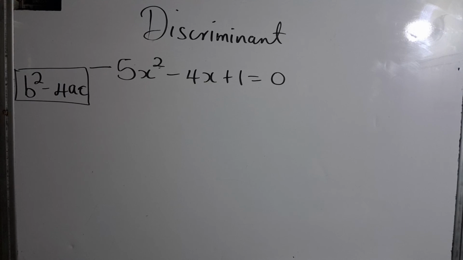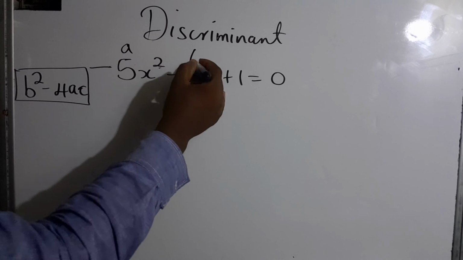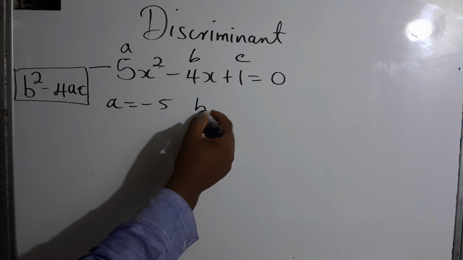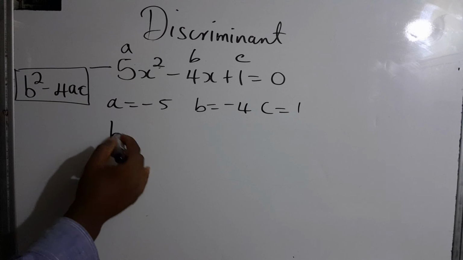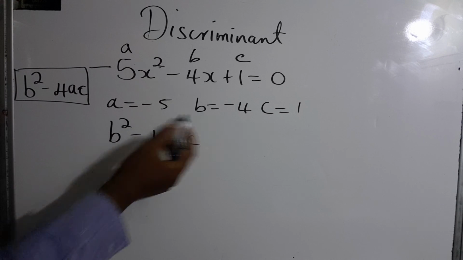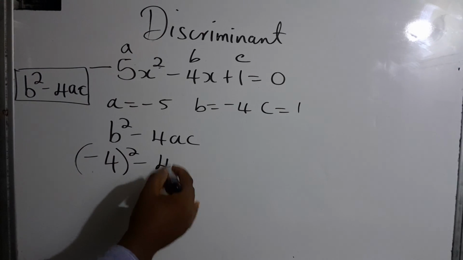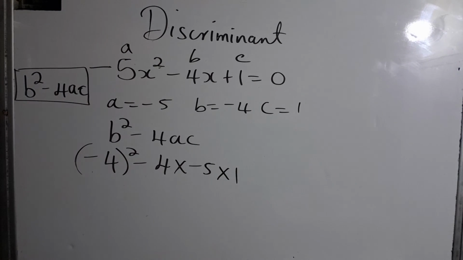Alright guys, let's look at this one. We have negative 5x squared minus 4x plus 1 is equal to 0. Again, let's put in perspective. This is a, b, and c. So a is equal to negative 5, b is equal to negative 4, and c is equal to 1. You're going to say b squared minus 4ac. b is negative 4, so it's negative 4 squared minus 4 times a, which is negative 5, times 1.